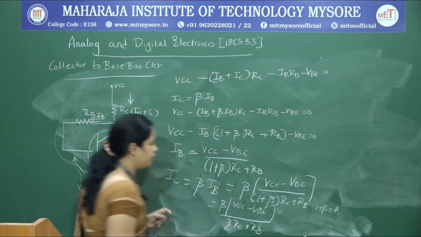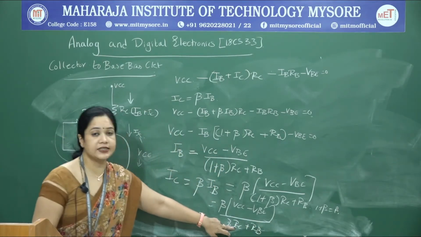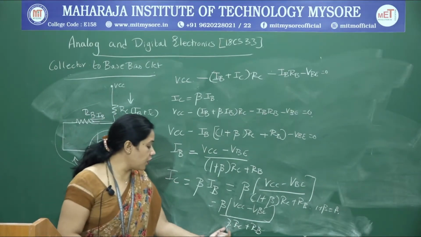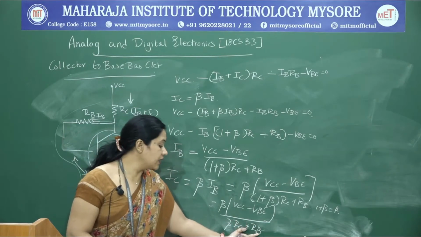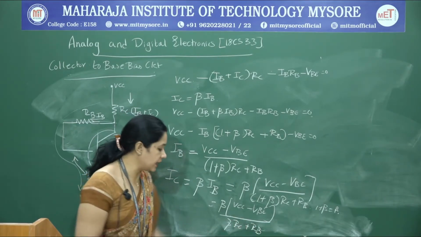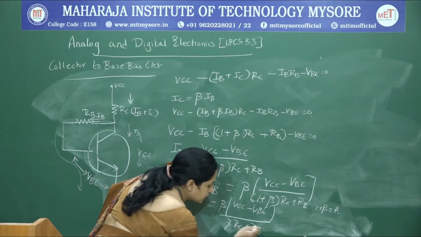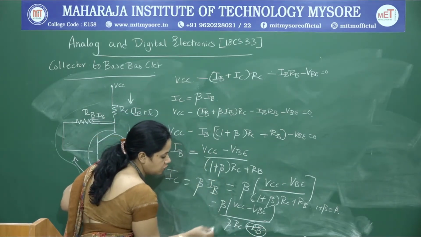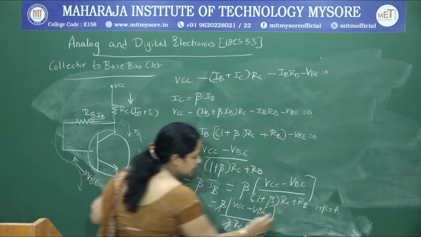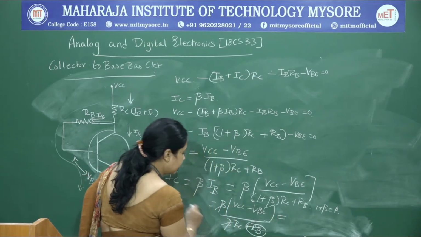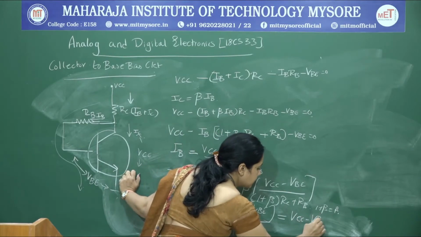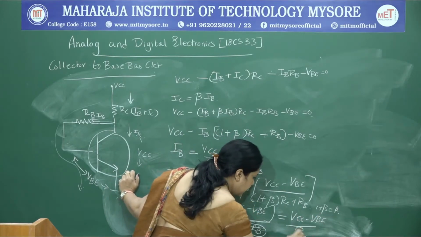You are also aware that beta RC is very high when compared to RB, so I ignore RB as compared to beta into RC. What you see is beta gets cancelled. As a result, your collector current IC ends up being (VCC minus VBE) divided by RC.